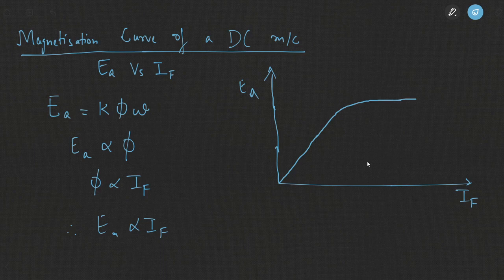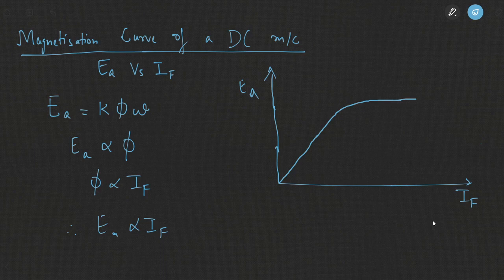So this here represents our magnetization curve, and what happens is basically after some amount of time, all the domains are aligned in one direction. The machine has achieved saturation. Increase in flux is no longer possible after that.